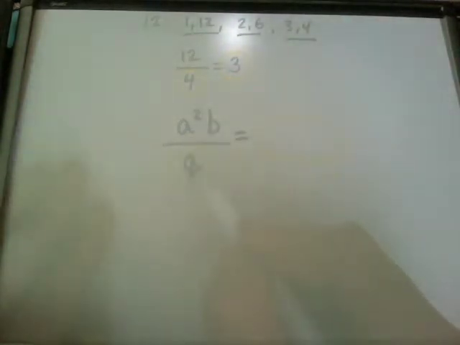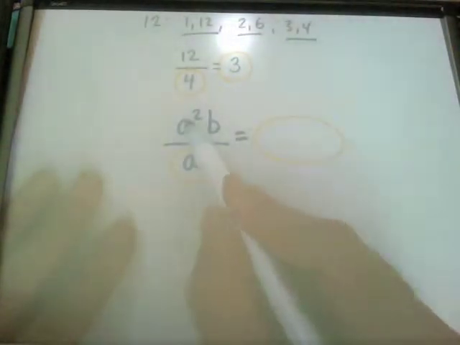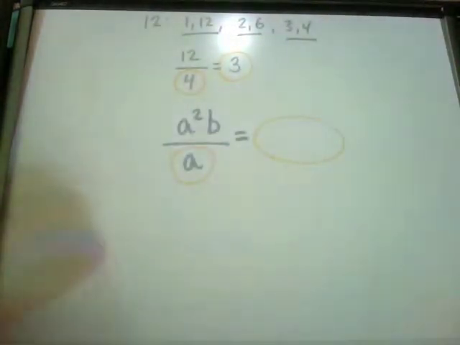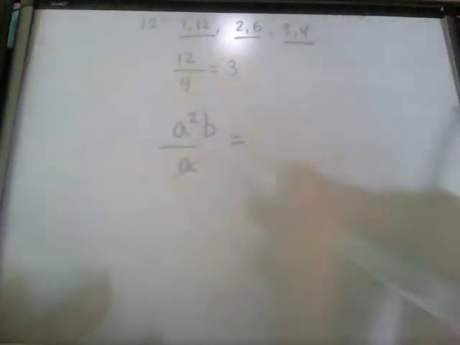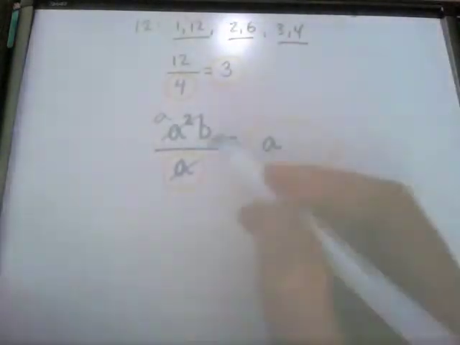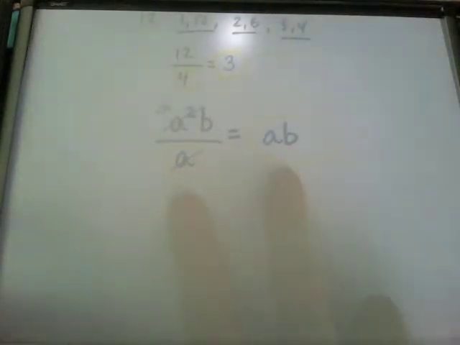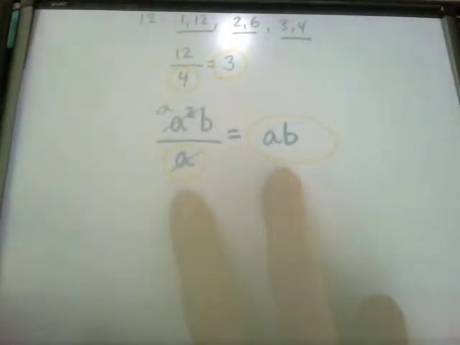If I divide out an a, what's left is the second factor. What would be left here? Well, a squared divided by a, I could cancel out 1 and 1. That leaves an a in my numerator. The b, I can't simplify at all because there's no b's in the denominator. So the divisor and the answer are the two factors.